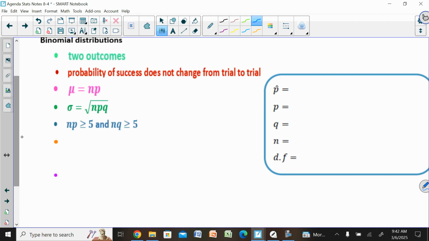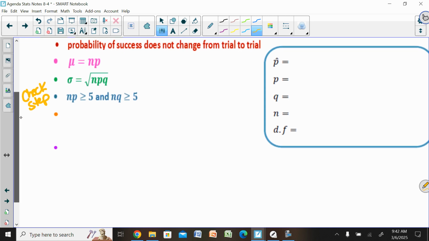We want to verify that our n times p is greater than or equal to 5, as well as our n times q. So that's just a condition. It allows for independence. It's kind of one of those background things, but this is just a check step. We would do that even before our first step of hypothesis testing.